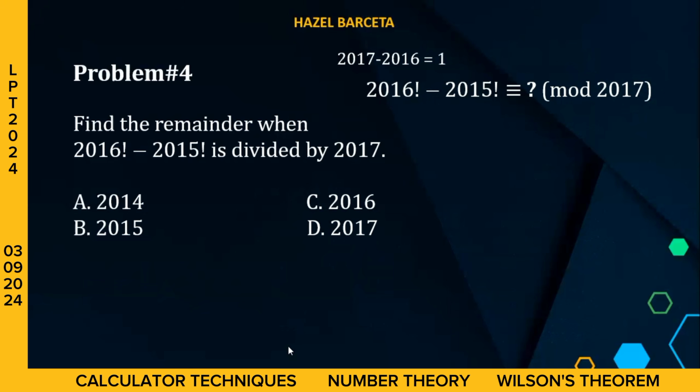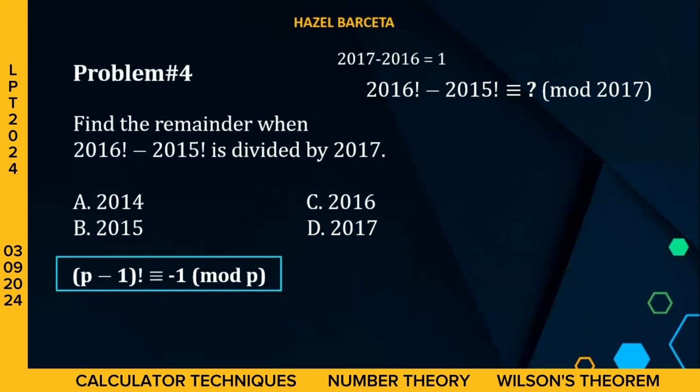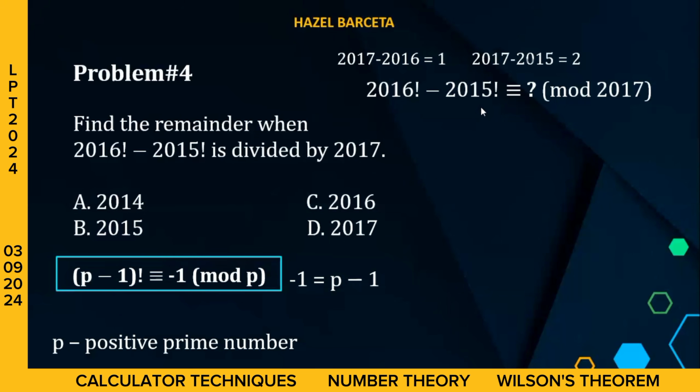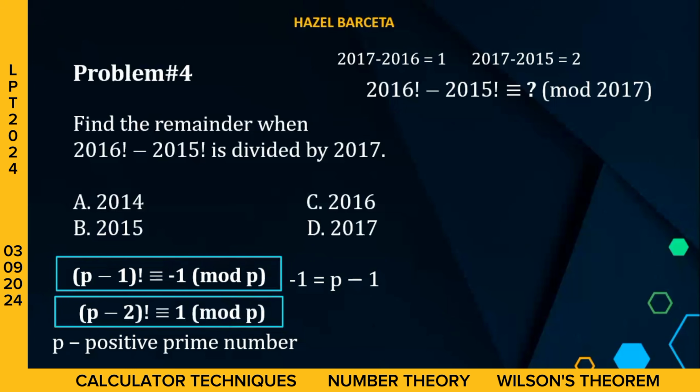So, ang gagamitin po natin ay case 1, where the remainder negative 1 is equal to P minus 1 factorial, and P must be a positive prime number. So, okay naman po ang ating P. Proceed. For 2015, ang difference po nila ay 2. So, ang gagamitin po natin dito ay ang case 2.